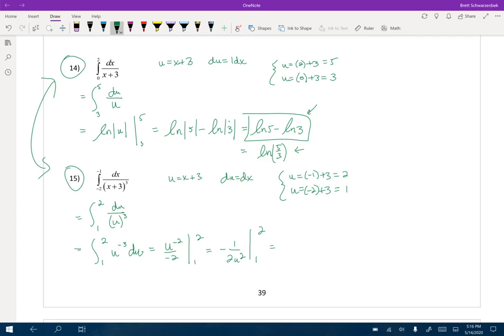We're going to get -1 over 2 times 2 squared minus -1 over 2 times 1 squared. If we do that, we're going to get -1/8 minus a -1/2. When we do plus there, we're going to get 3/8 as a result.